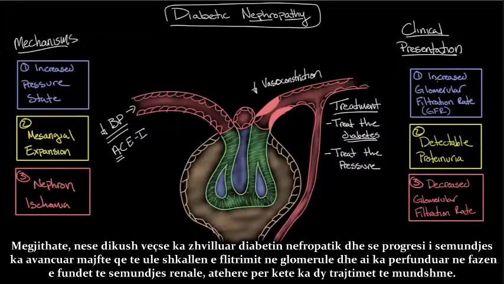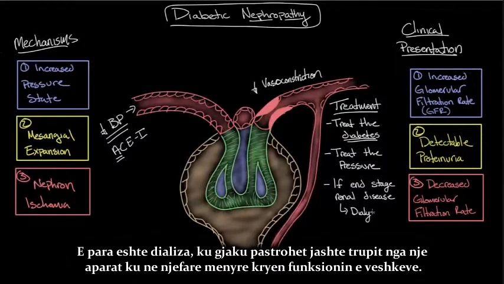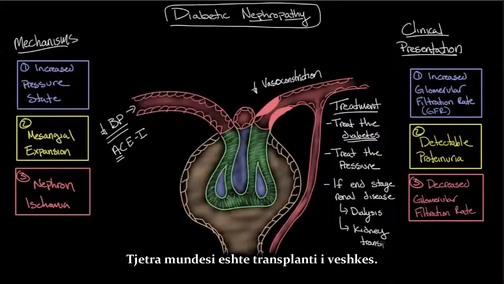However, if someone does develop diabetic nephropathy and it unfortunately progresses far enough to have this decreased glomerular filtration rate and they end up in end-stage renal disease, unfortunately then there are only two treatment options. And the first is dialysis, in which the blood is filtered outside the body by a machine to replace the effect of the kidney, and the other is a kidney transplant.